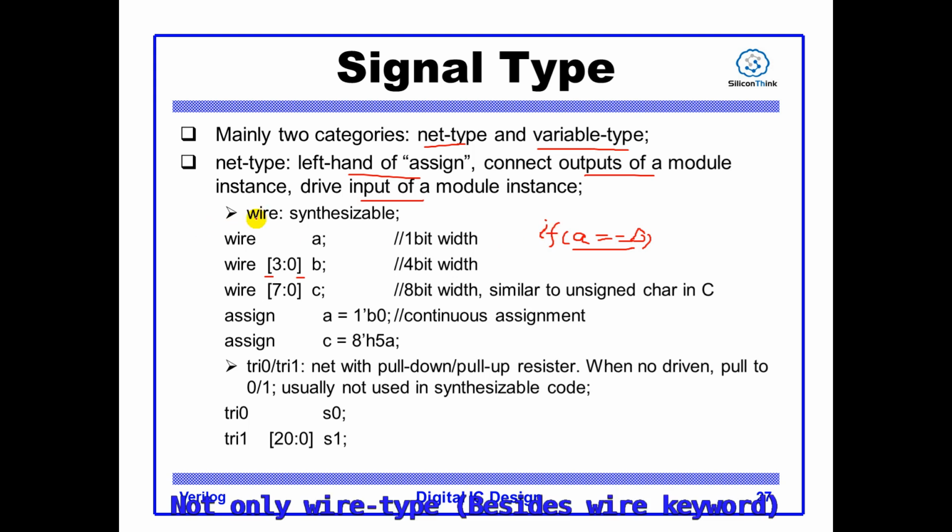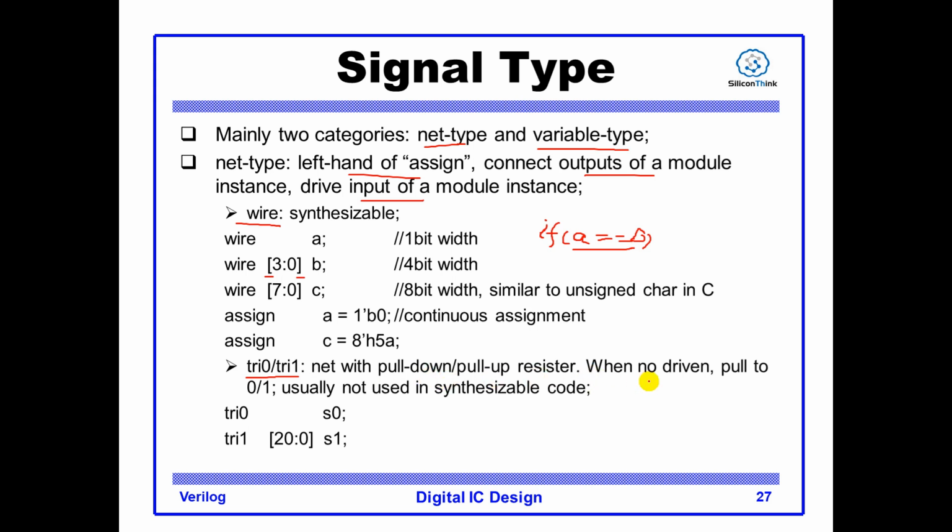And not only wire type, there are also other keywords defining signals with native type. The commonly used ones are tri0 and tri1. That means this defines a wire with a pull down or pull up resistor.